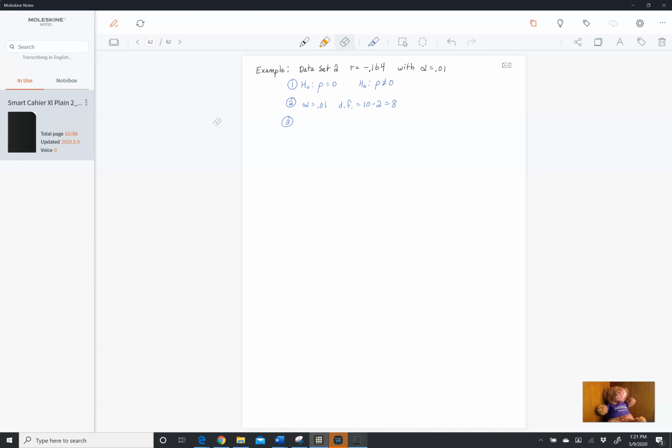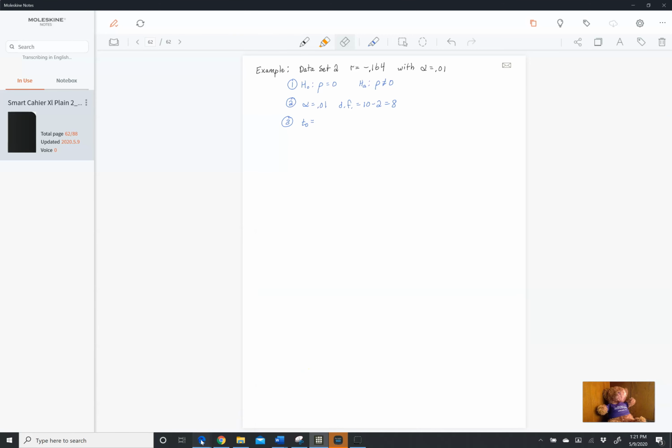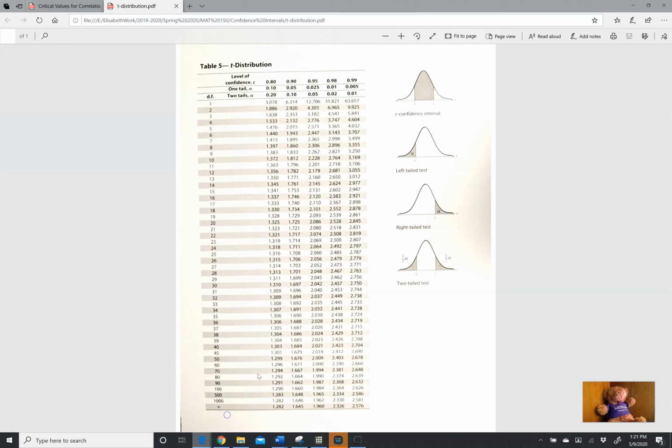Then our t sub 0. So we go into our t chart, looking at 0.01 in the two-tail test, and then we go down to 8. It's 3.355.